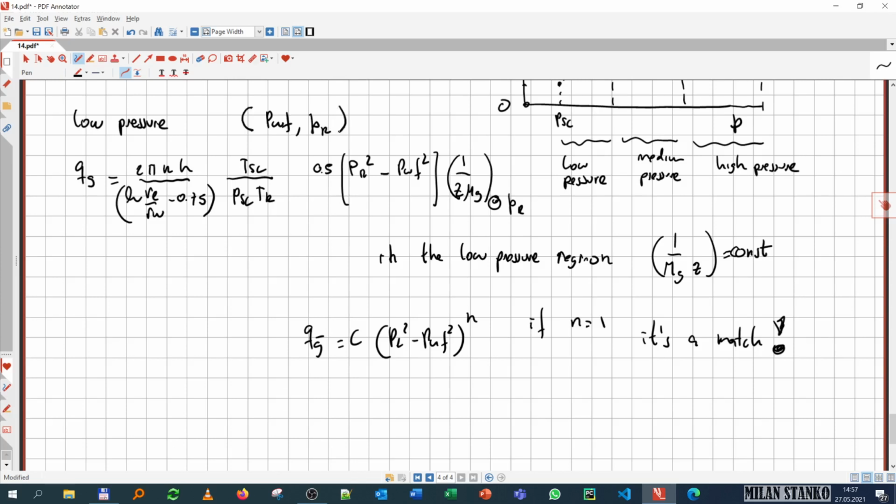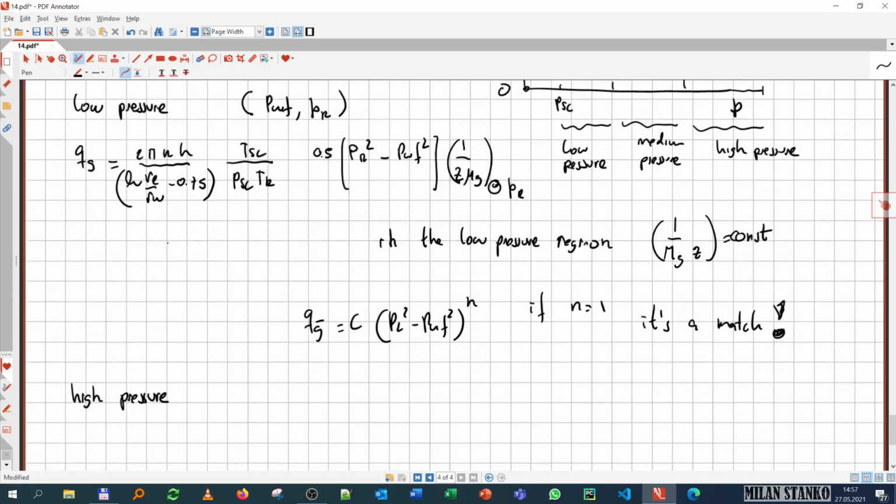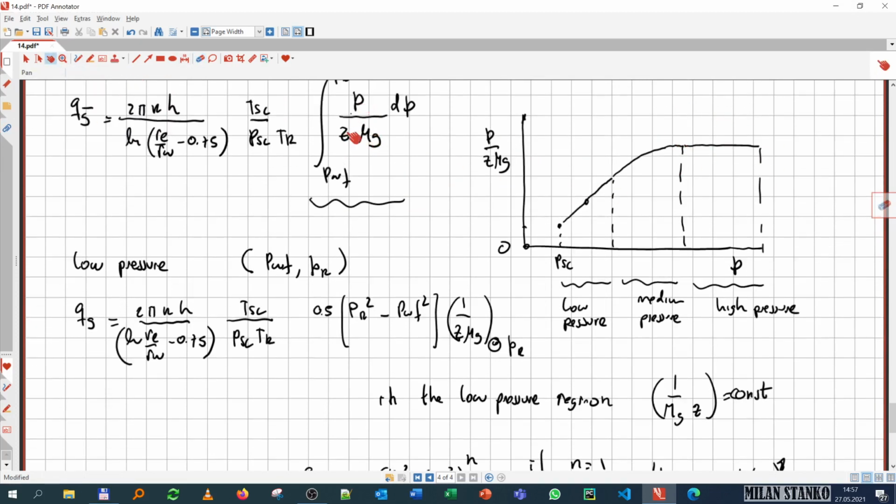Okay, let's go to the high pressure. The high pressure region says that essentially that is a constant. This integral here, the integrand is actually a constant, and because of that it can simply go out of the equation.